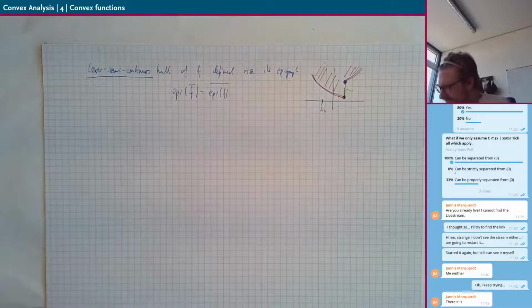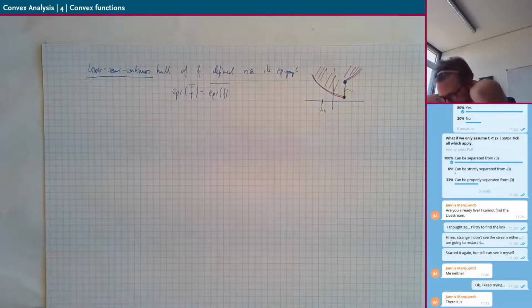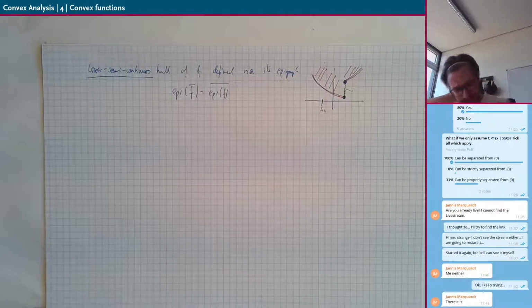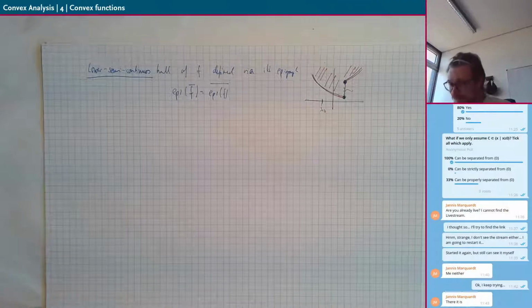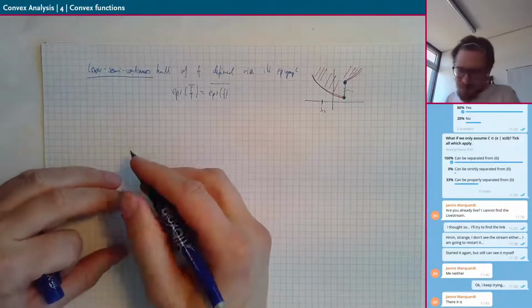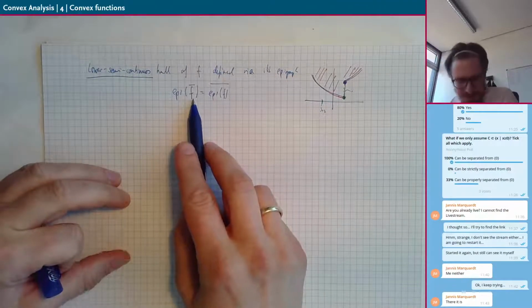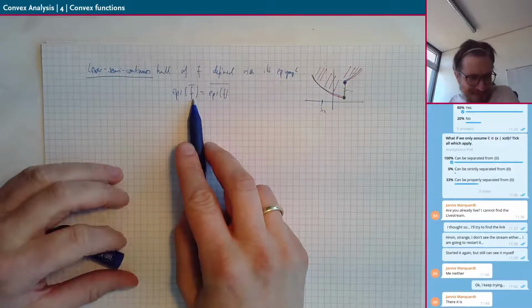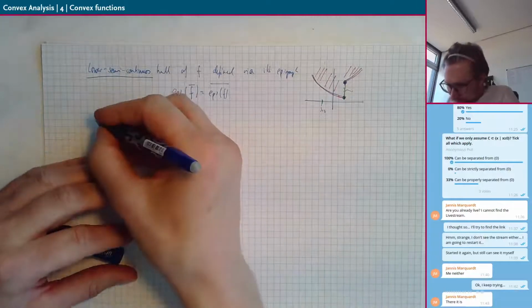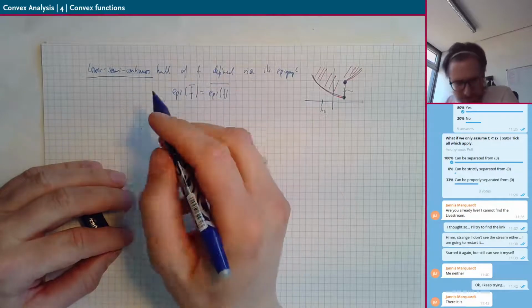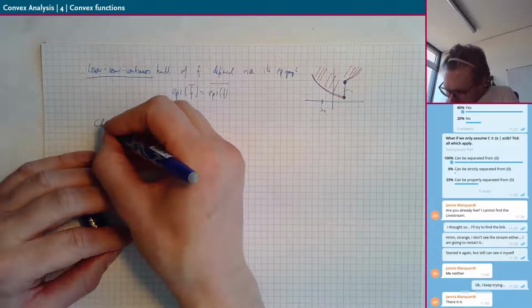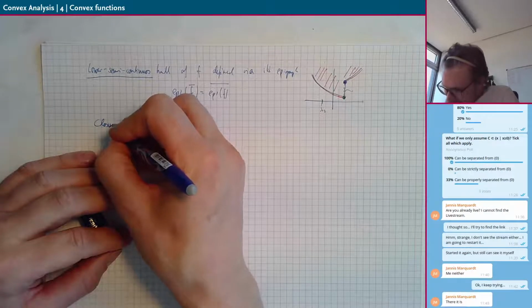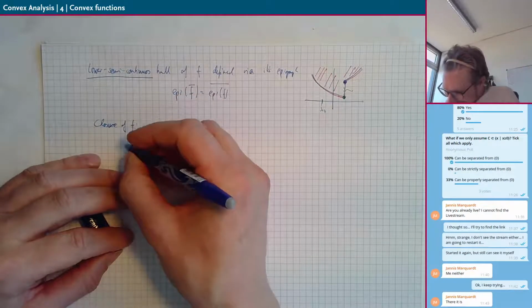I think there are a few problems here with functions which do assume the value negative infinity. Because of this, there's one special case, so we don't use the lower semi-continuous hull but something a little bit more general, because it also deals with the value negative infinity. So we define the closure of a function. It's slightly different.